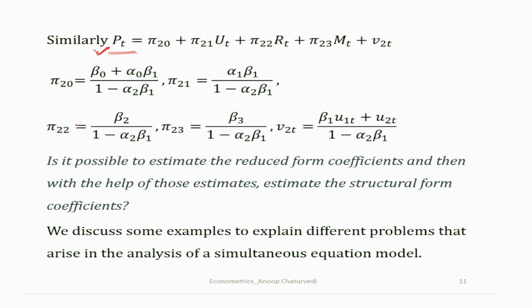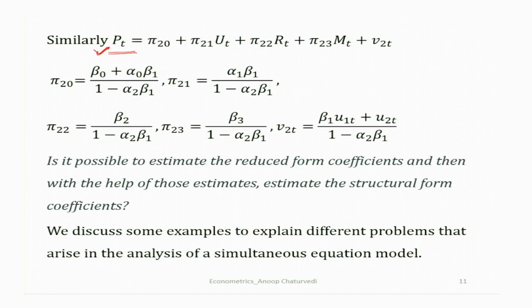Then, is it possible to estimate the reduced form coefficients, and then with the help of those estimates estimate the structural form coefficients? Now, notice that in this reduced form you do not have the problem of correlation between explanatory variables and the disturbance term.